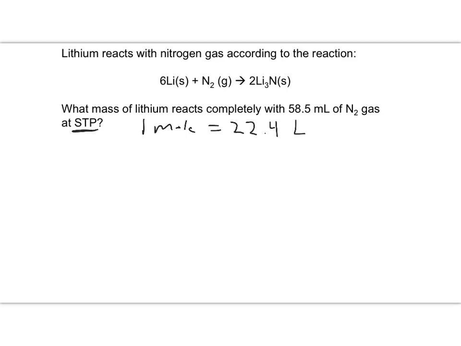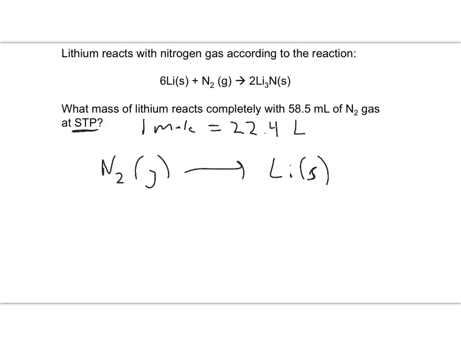So the question's wanting you to go from nitrogen gas to a mass of lithium. So that's the conversion, or that's the path. Got to go from the nitrogen, the gas phase, to lithium.